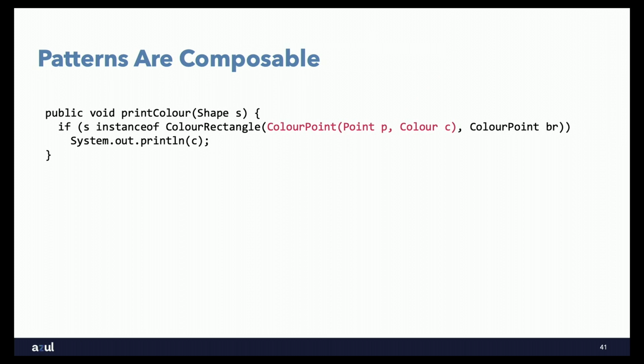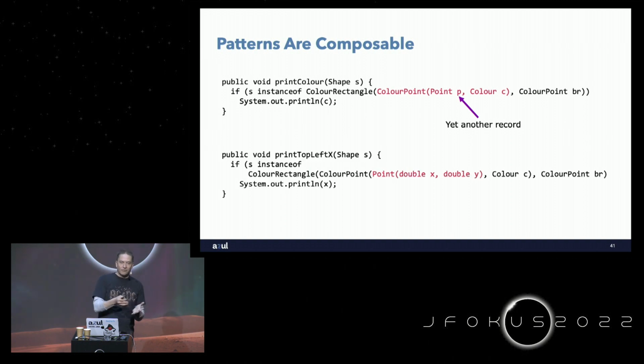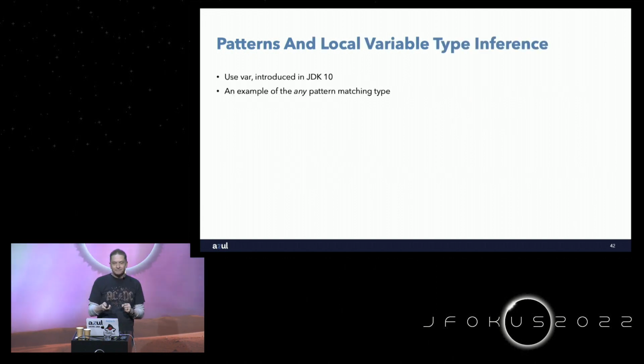So now we're deconstructing twice because we've got records in there. But of course, Point p is a record as well, so why not expand that out? And we could say ColorRectangle(ColoredPoint(Point(double x, double y), Color c), ColoredPoint br), print out x. All very good. But we can actually go further with this. Eventually, we can get this to really look good.